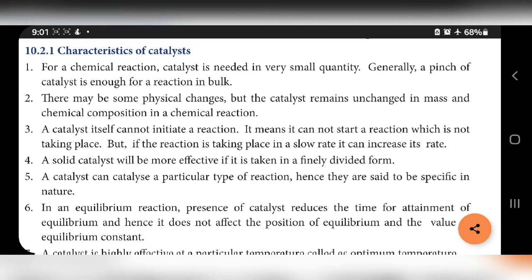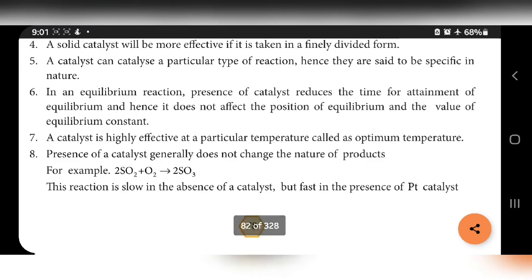That means equilibrium is attained fast. Hence, it does not affect the position of equilibrium. It cannot change the direction, from forward to backward or backward to forward. It can only reduce the time of attainment of equilibrium. So it does not affect the position of equilibrium and the value of equilibrium constant.